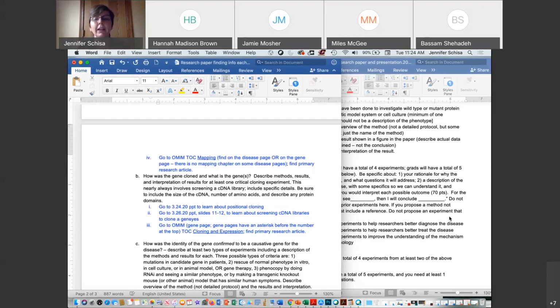The one thing I like about OMIM is that it has that table of contents, so for most of you, you'll have a cloning section, and for most of you, a mapping section. So you'll know that you're getting to the right category of papers. I feel like that's pretty helpful from the OMIM standpoint.